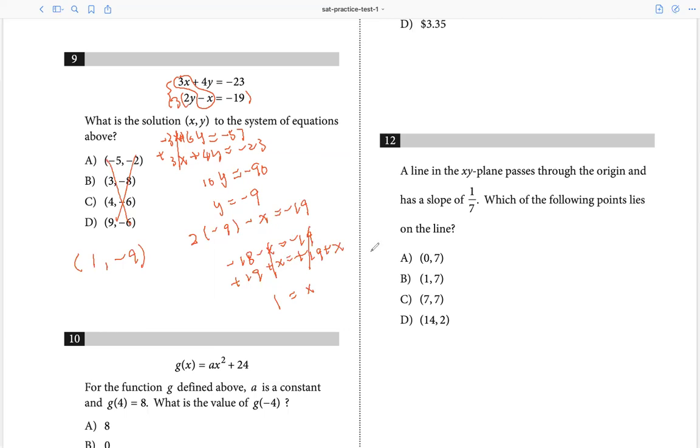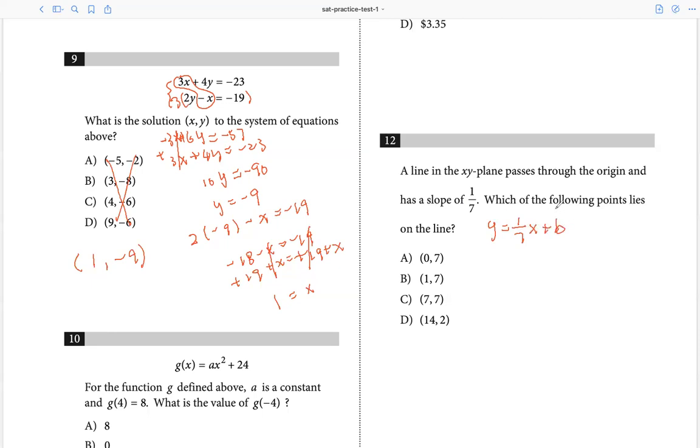Okay, that's 9. Let's see 12. Then we go back to 10. 12 is saying a line in the xy plane passes through the origin and has a slope of 1/7. If you remember the slope-intercept formula, we can write this as y equals 1/7 x plus b.